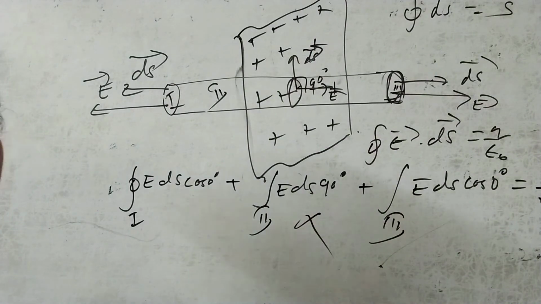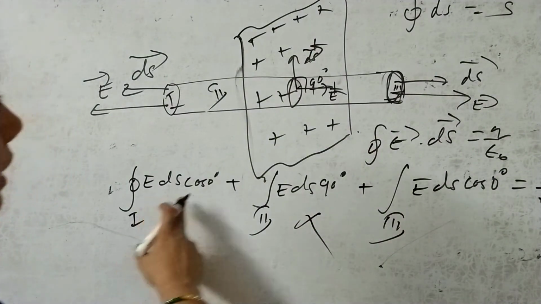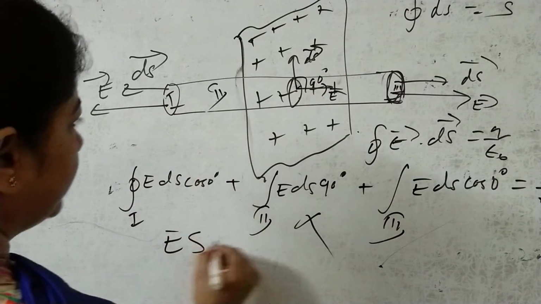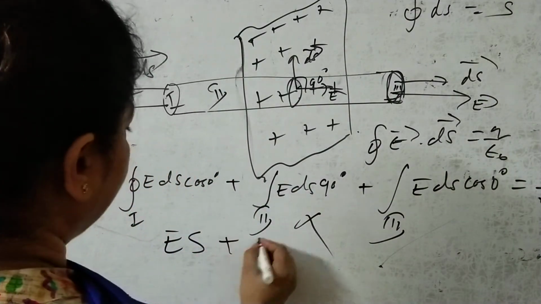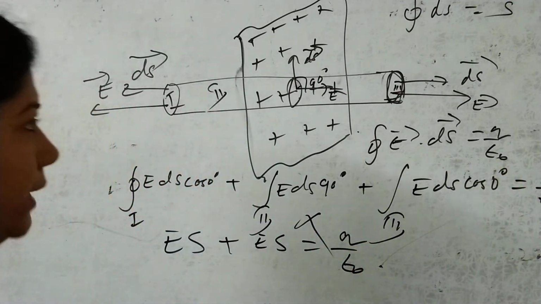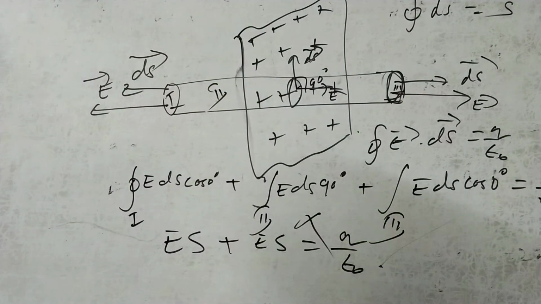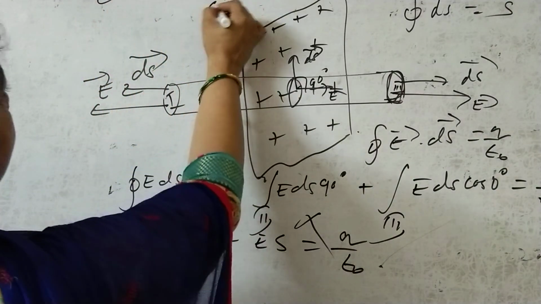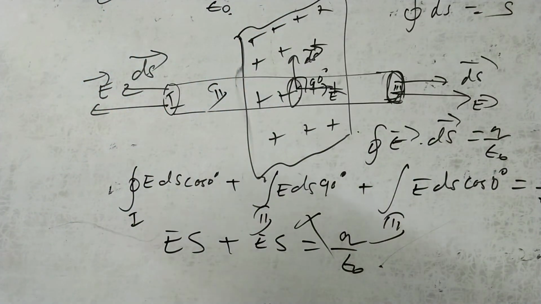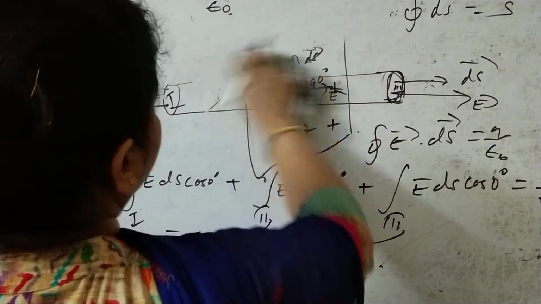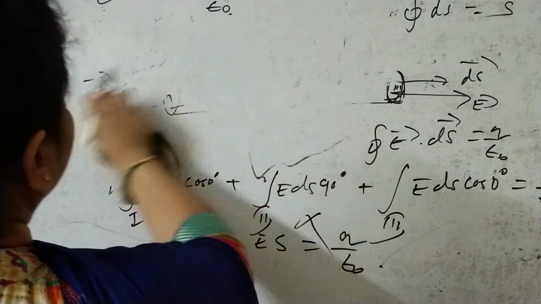So this has gone out of the picture. The closed integral of ds we have taken as S. So this whole will give us ES, and this whole will give us ES, which is Q by epsilon naught. Right? So what we have got is 2ES equals Q by epsilon naught. We are bothered about the electric field. Let us see what we are getting.